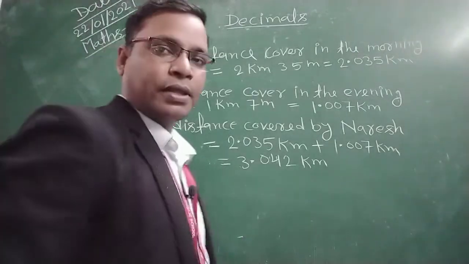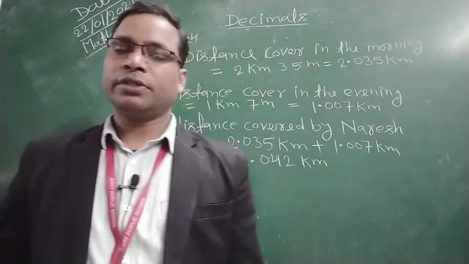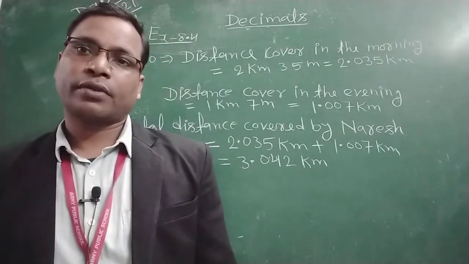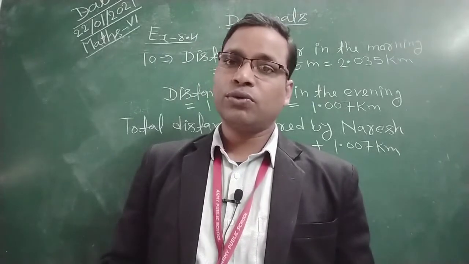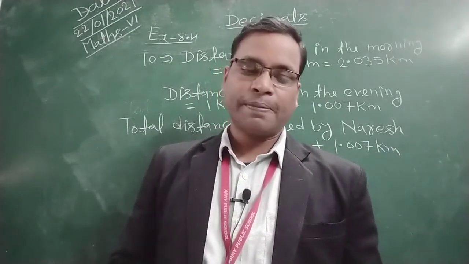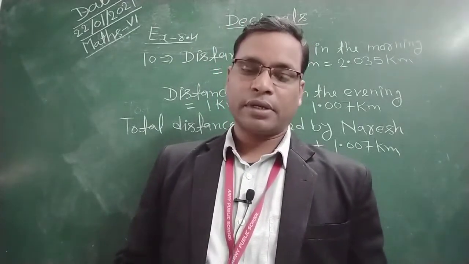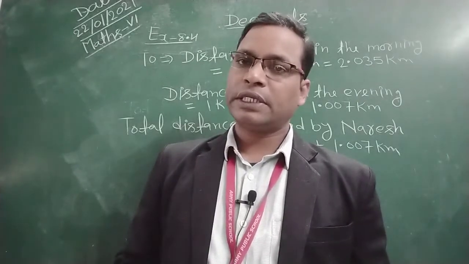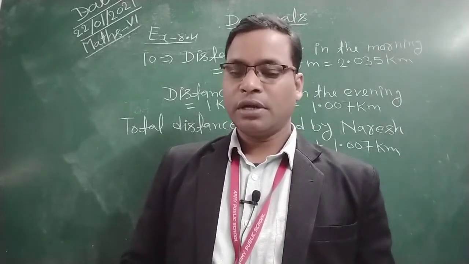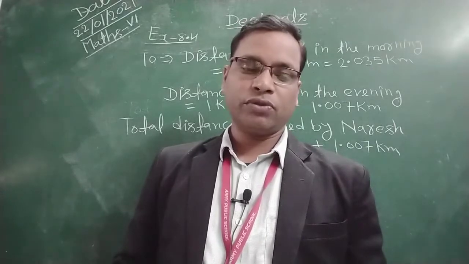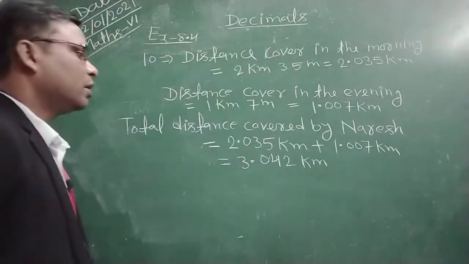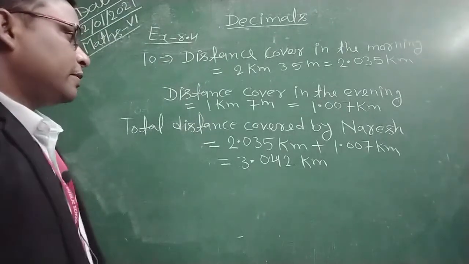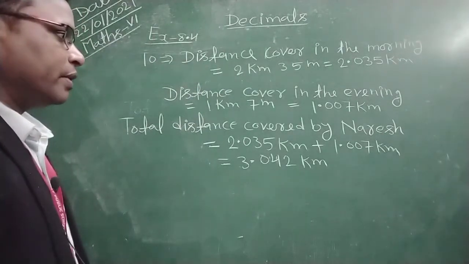Now you can erase it. So I hope all of you understood these questions. In these questions, it is given that Naresh walked 2 kilometer 35 meter in the morning and 1 kilometer 7 meter in the evening. How much distance did he walk in all? So here you can see we find the total distance covered by Naresh in the morning and evening both.